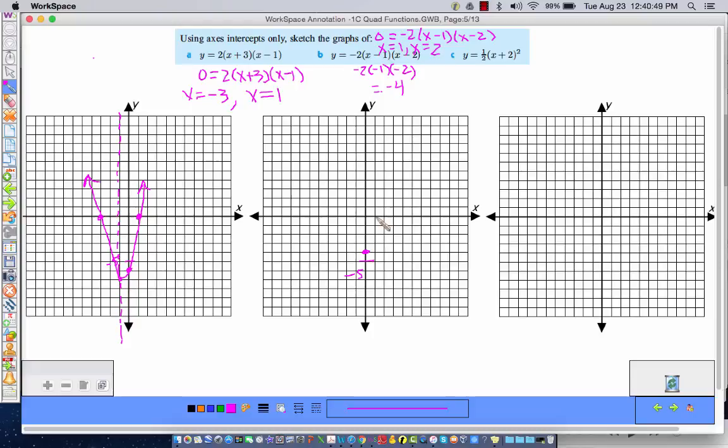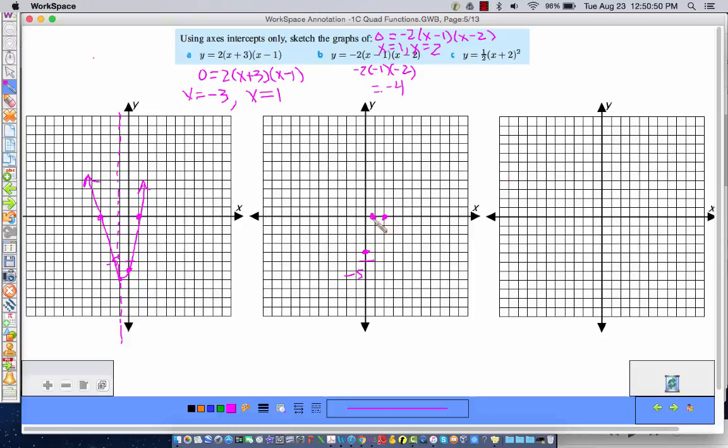So this is a bit of a weird parabola, except if we're thinking it opens upwards, then we're having some issues there. But since it has a negative coefficient here, then we know it's going to open downwards. So our parabola is going to open downwards.